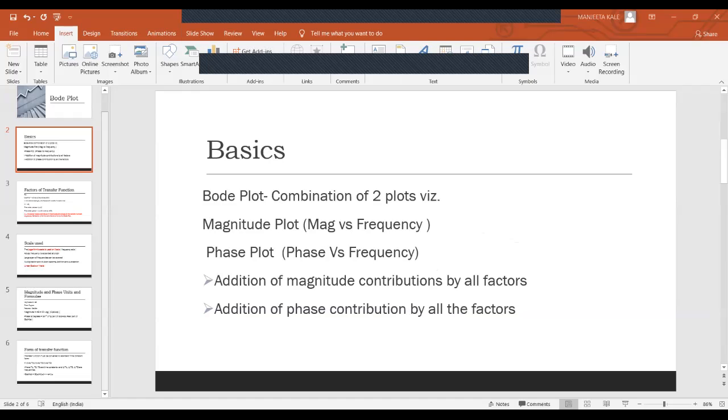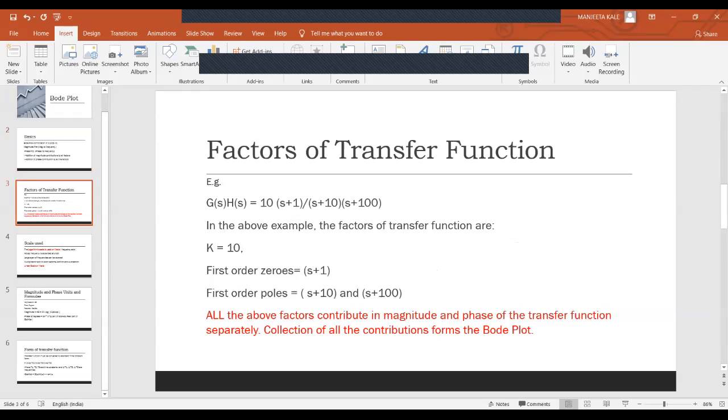And the complete Bode plot or the magnitude plot is addition of magnitude contribution by all the factors, and phase plot is addition of phase contribution by all the factors. Now the example was given. These are the factors of transfer function. Here 10, s plus 1, s plus 10, s plus 100 are separate factors of the transfer functions which will contribute separately while plotting the magnitude as well as phase.